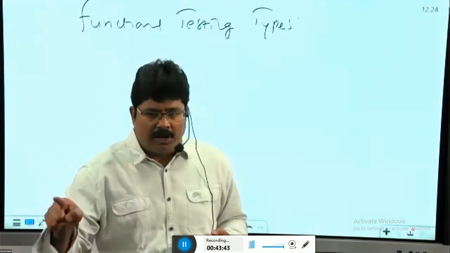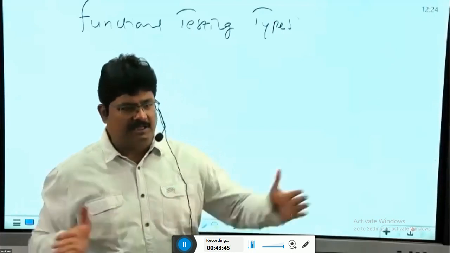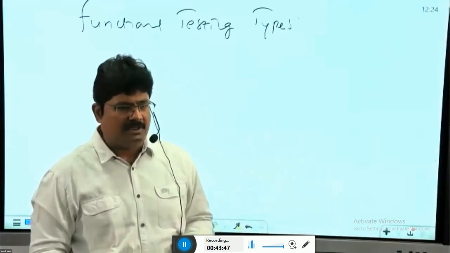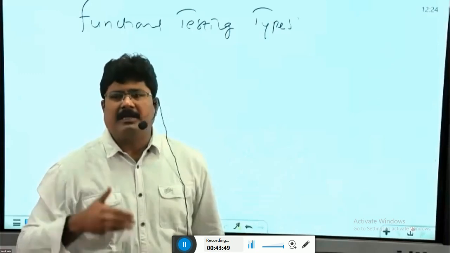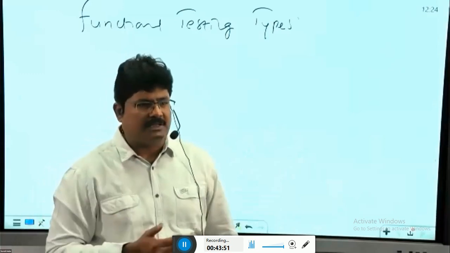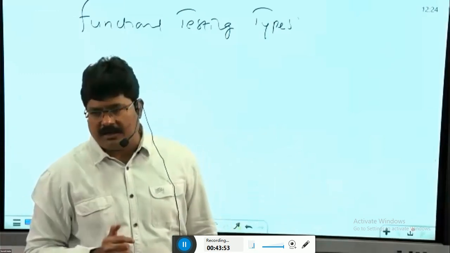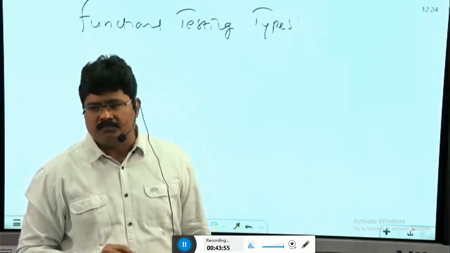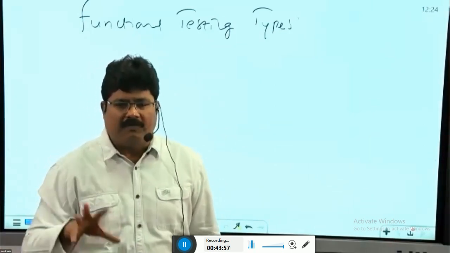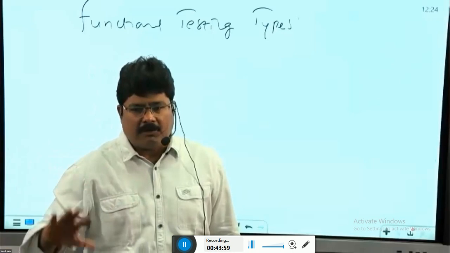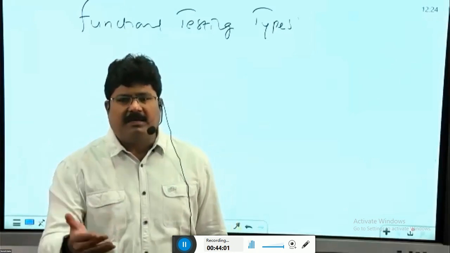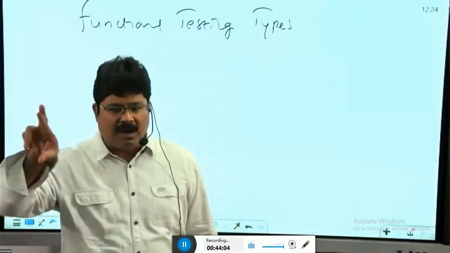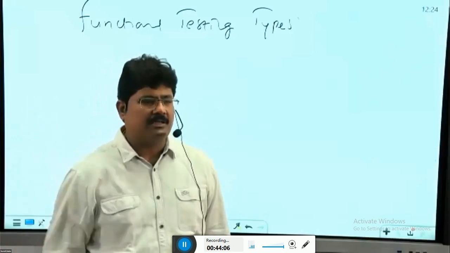In this 108 version, which is a fully stable version, already 107 is stable. People are using it. Next, some upgradations are made. New features are added. 108 created. Given to the QA team. Before starting to test all features of 108, their QA team has a small check whether it is in a testable position or not. Then it is called sanity testing.